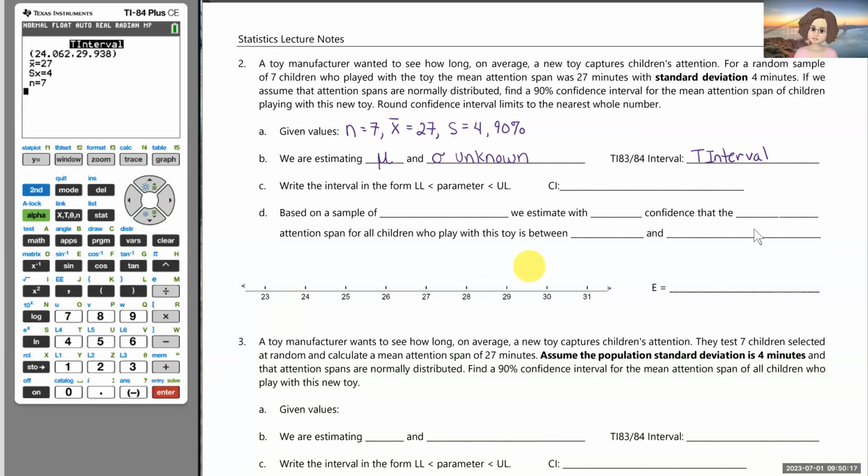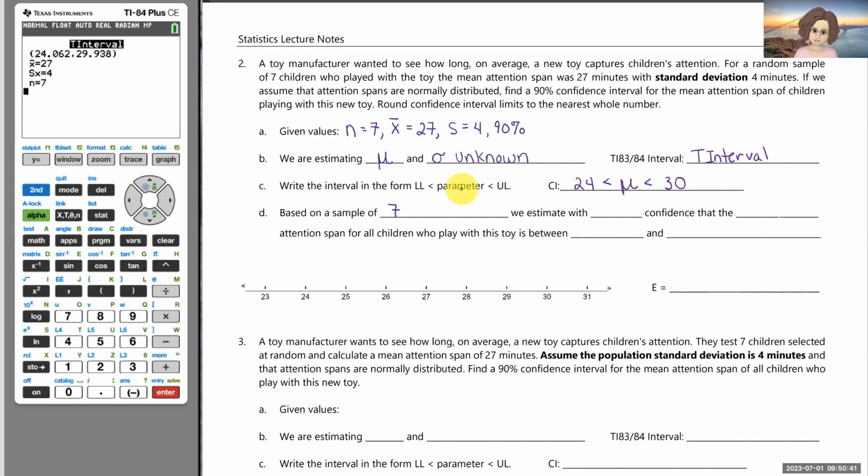All right, and I'm going to round to a whole number just to make it easier to demonstrate something coming up here in a moment. So let's do a whole number. So 24 would be our lower limit. And then less than the parameter we're estimating, mu. And then my upper limit there, 29.938, would round to a whole number 30.